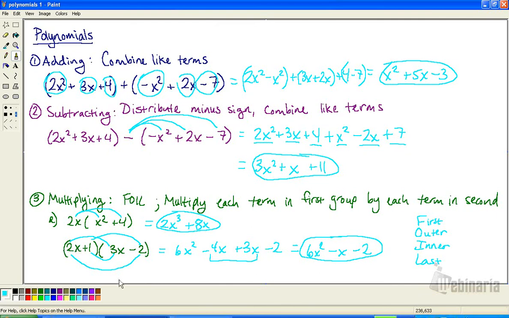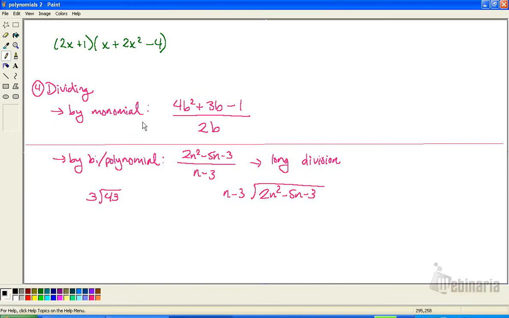Now let's look at another example where it's a binomial times a trinomial, something with 3 parts. And I'm going to multiply each term in the first group by each term in the second group, just like I did before. So let's start with the 2x. I'll multiply it by the x, which gives me 2x squared. I'll multiply it by the 2x squared, which gives me 4x, add those exponents, get a 3.